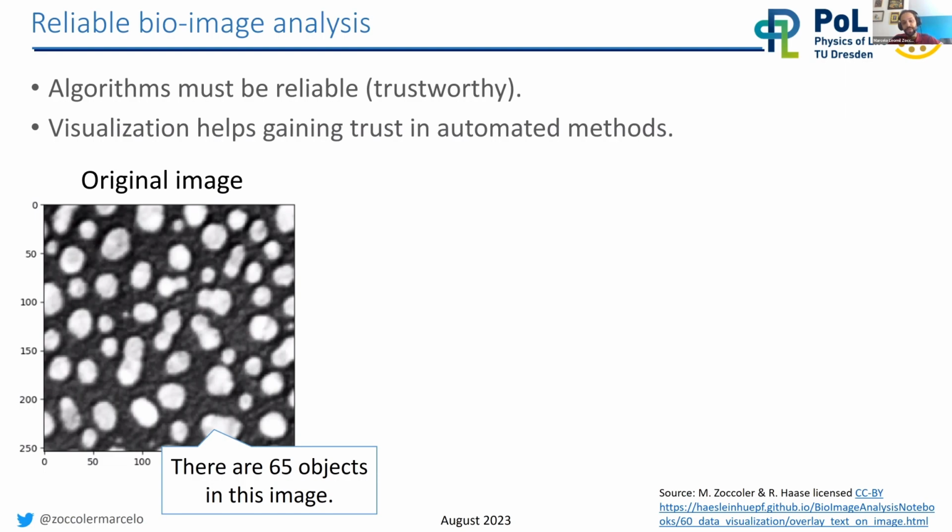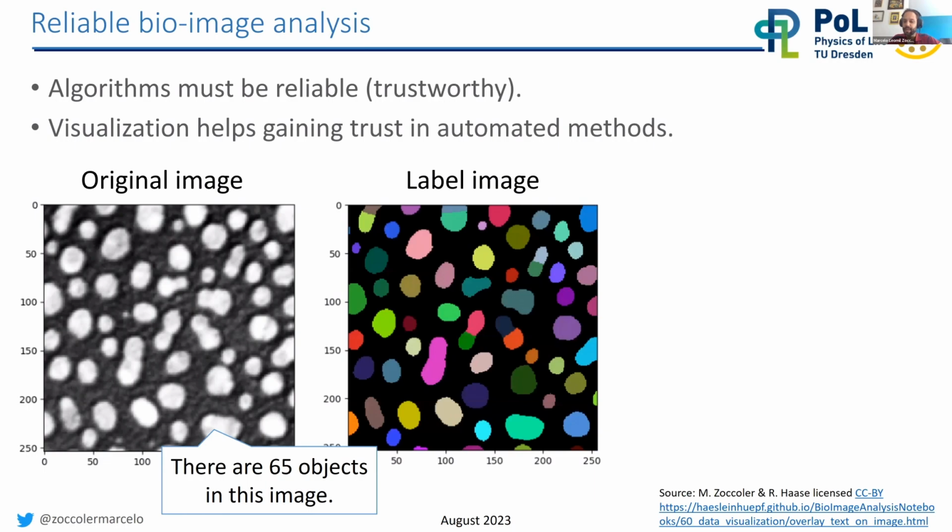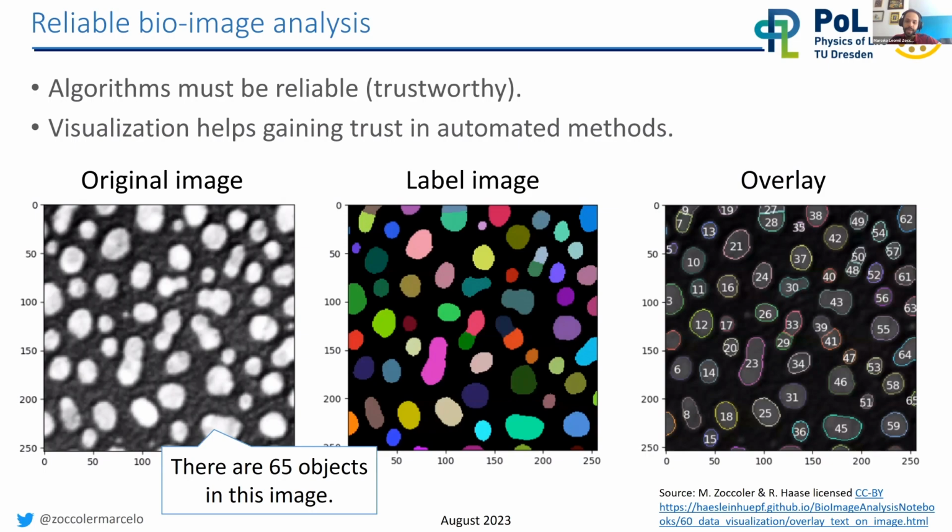If you see this image, the algorithm may just say this image has 65 objects. But if you show the segmentation results with different colors, it is easier to trust that it's doing the proper job. And even better, if you put number labels on top of it, then you can gain more trust that it has actually done the counting well.